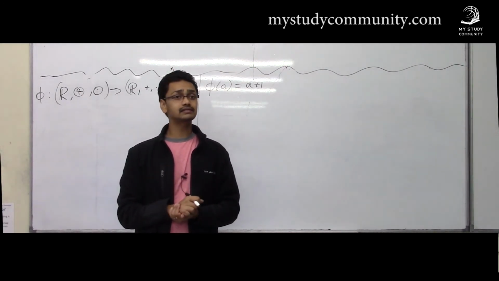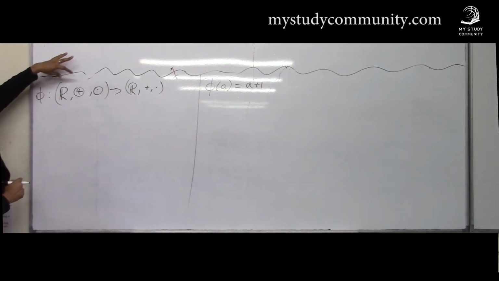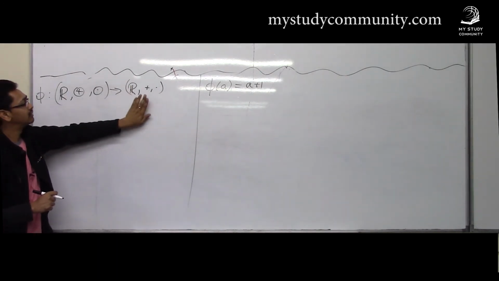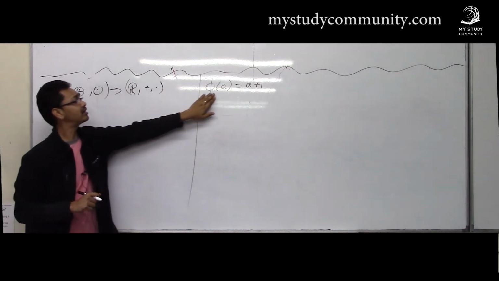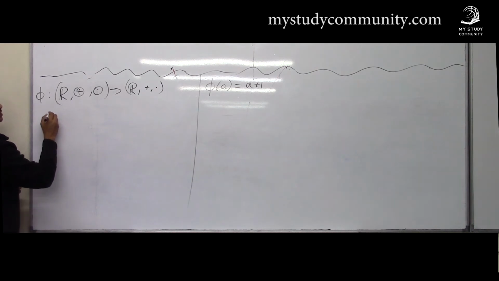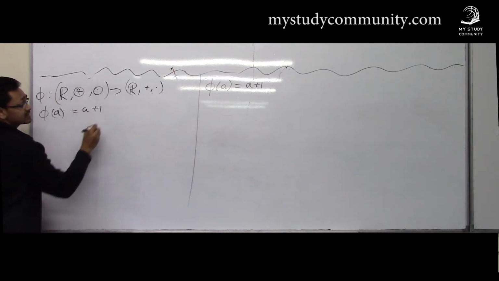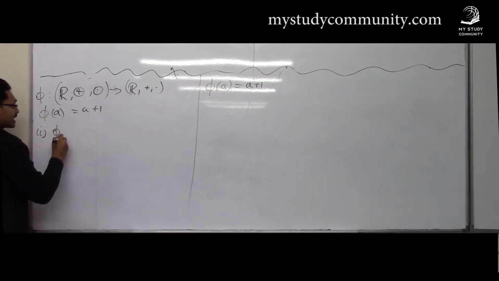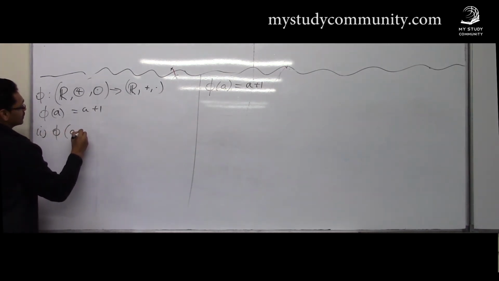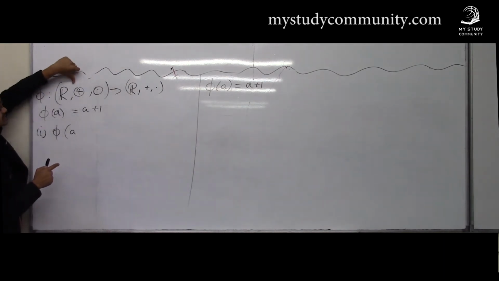Alright, so let's attempt this question. We know that phi goes from this set into this set. And we define phi by phi of a equals a plus 1. What we need to show for homomorphism is phi of a sum, but we are going from this set to this set, so the addition in this set is circle plus.